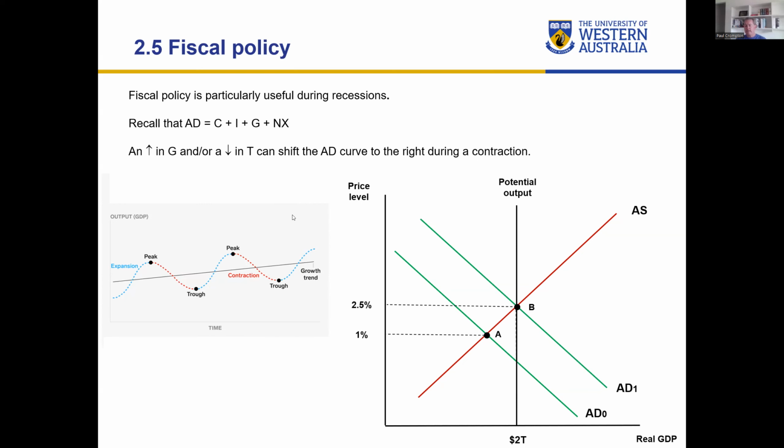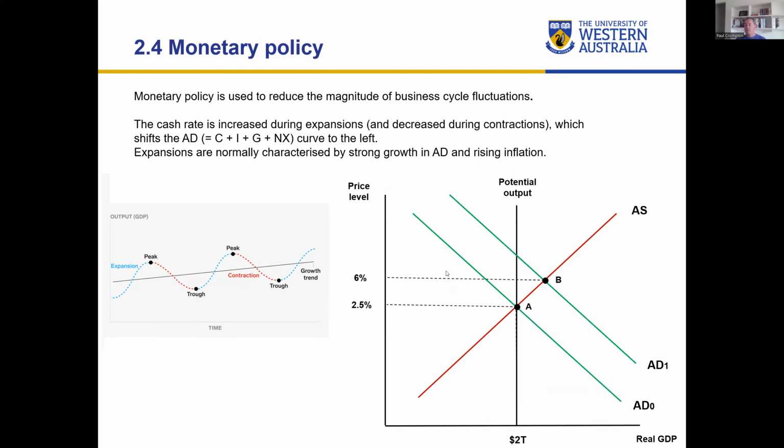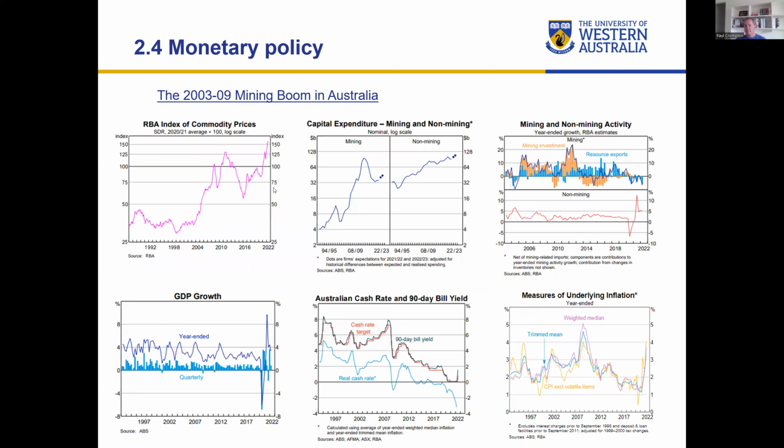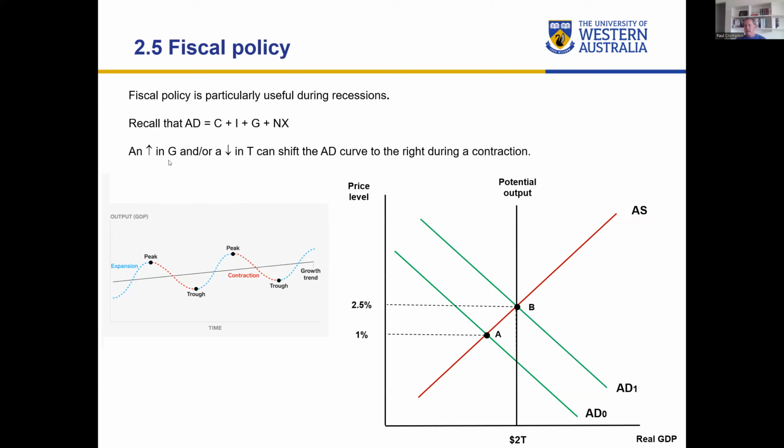So if it's particularly severe, the government may need to, in an attempt to shift the aggregate demand curve to the right, lower interest rates using monetary policy, increase government spending and cut taxes using fiscal policy, and also, if it's really severe, implement this third policy I've been talking about called quantitative easing. I don't want you to read up on QE yet. I just want you to appreciate that it exists. Monetary policy, fiscal policy, and QE can all be used.